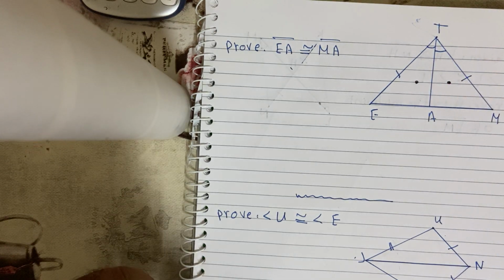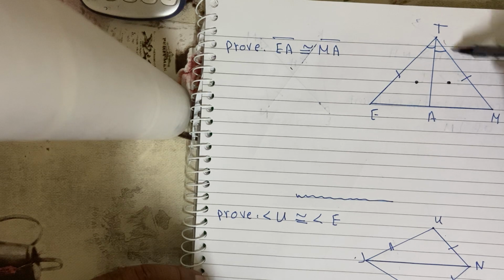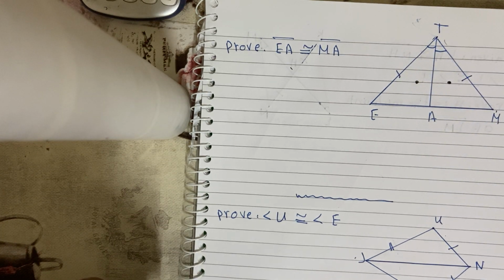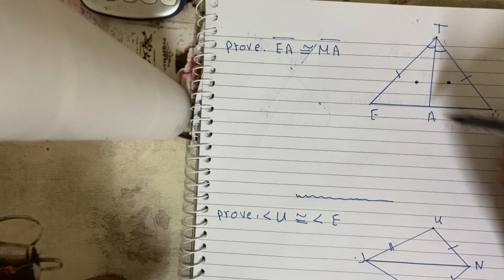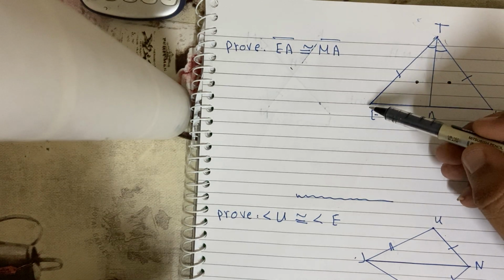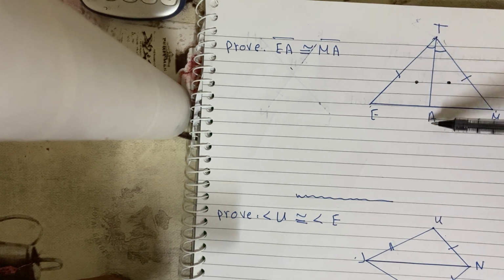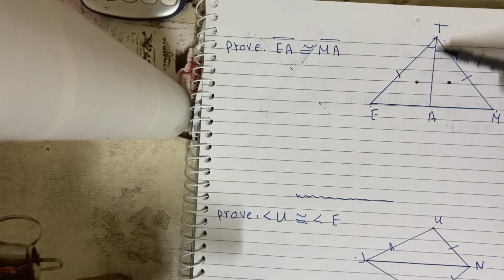Here we have given TM equals TE. The second one, yes, angle MTA is congruent to angle ETA. What about the third condition? Yes, excellent. TA is the common side.